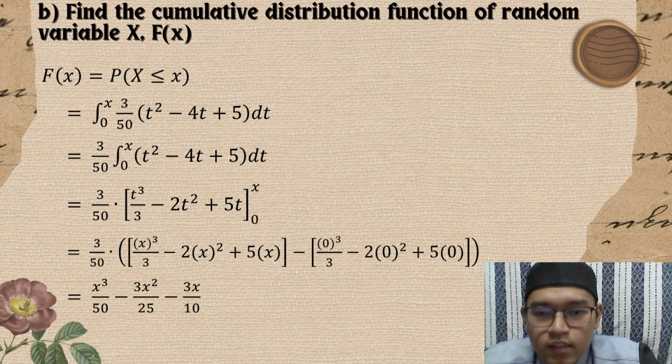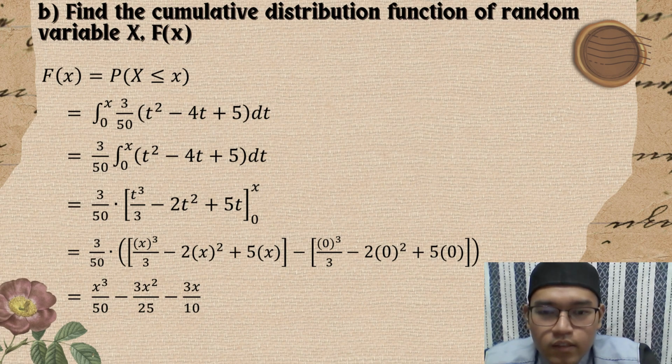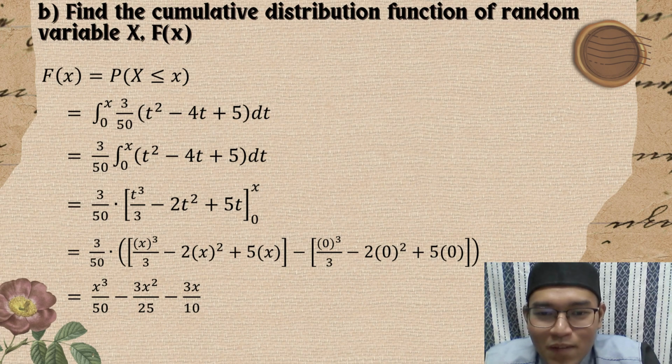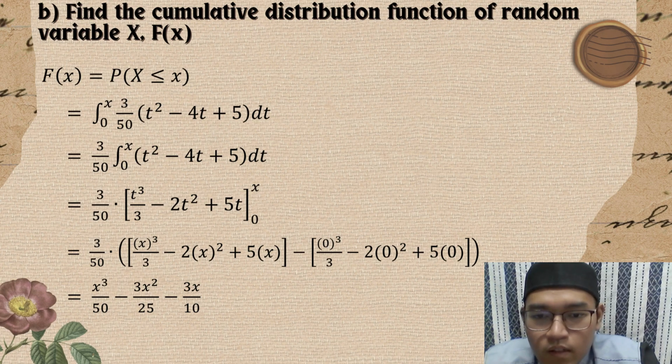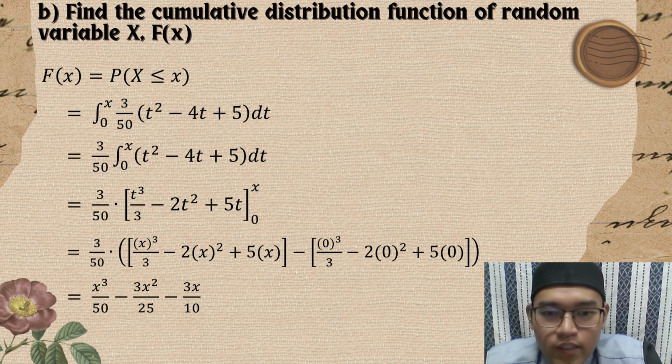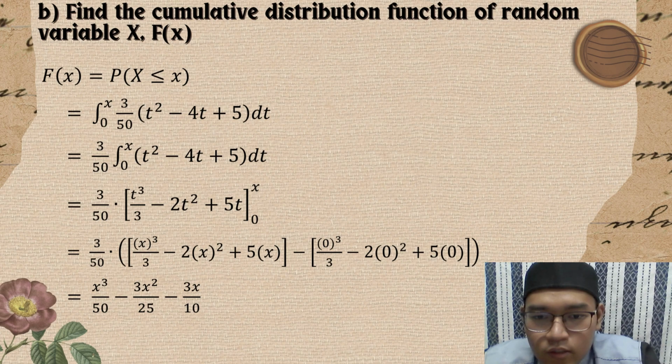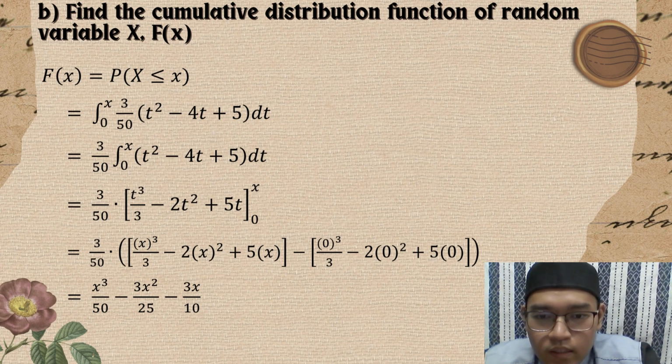And then we put the 3 over 50 outside of the integration, and then we can integrate, so we can get 3 over 50 multiplied by t cubed over 3 minus 2t squared plus 5t, with the range from 0 to x. And then we can execute our integration, so we can get x cubed over 50 minus 3x squared over 25 minus 3x over 10.